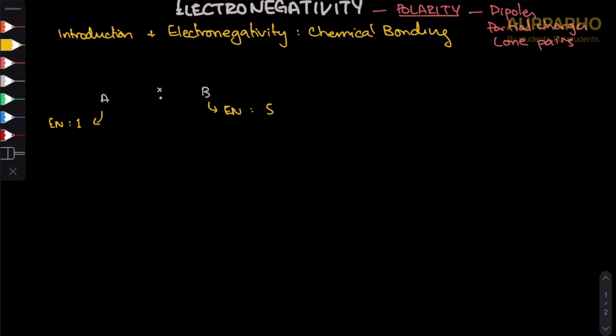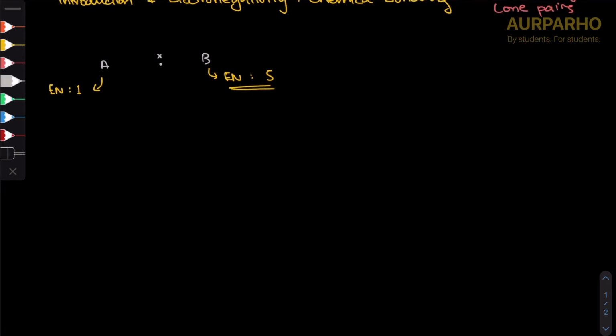So B is obviously more electronegative, which means its ability to pull this pair of electrons towards itself while maintaining that covalent bond is going to be greater. Since B's electronegativity is greater, the actual molecule is going to exist something like this.